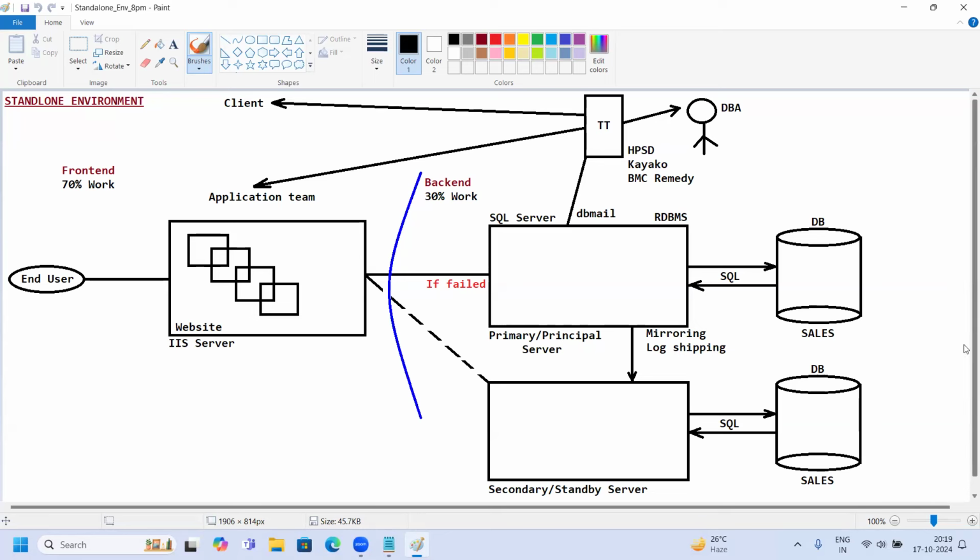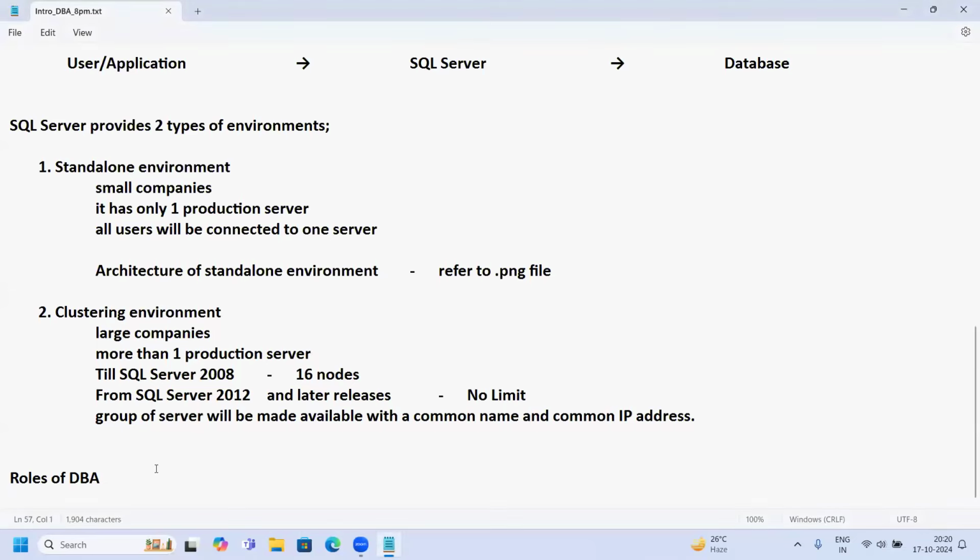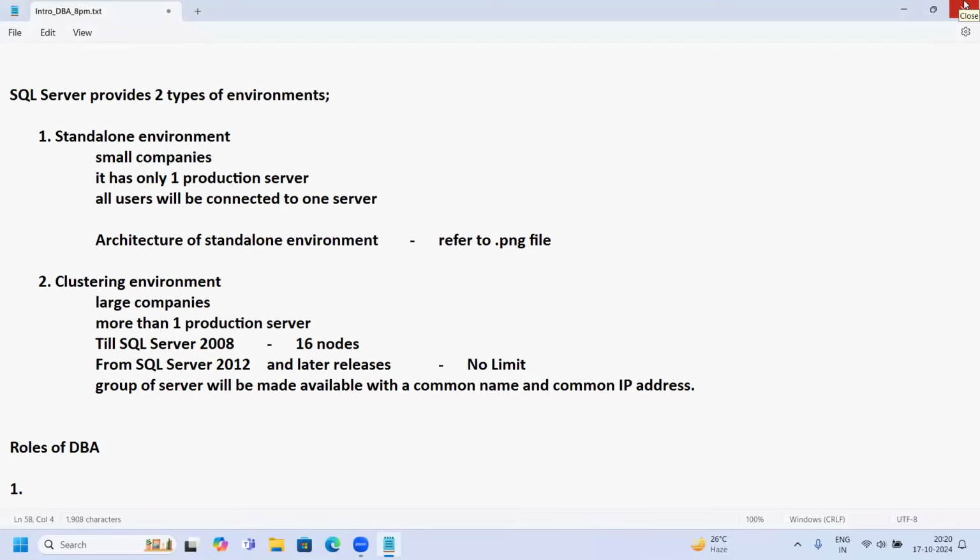Today, we are going to learn about the roles and responsibilities of a DBA, the administrator.